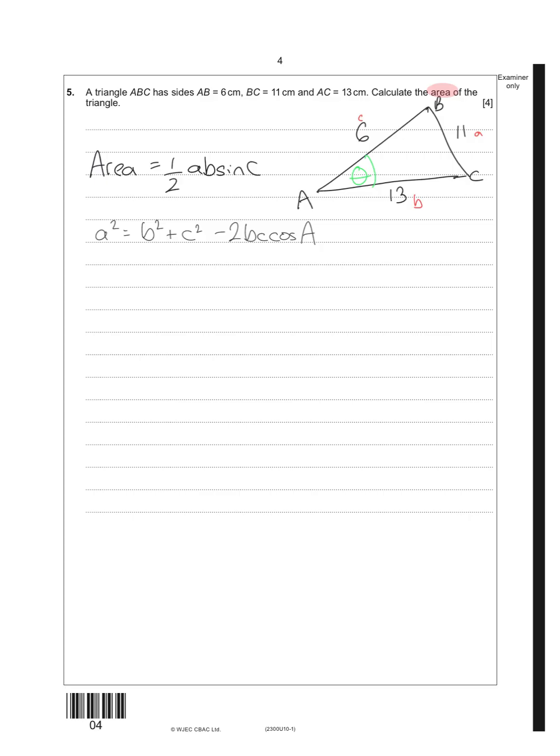Let's translate that to being in terms of the numbers and letters in our question. So we're going to have 11 squared equals 13 squared plus 6 squared minus 2 times 13 times 6 times cos of theta. If you already know the rearranged version and want to go straight ahead and use that, that's absolutely fine. Nothing wrong with that at all.